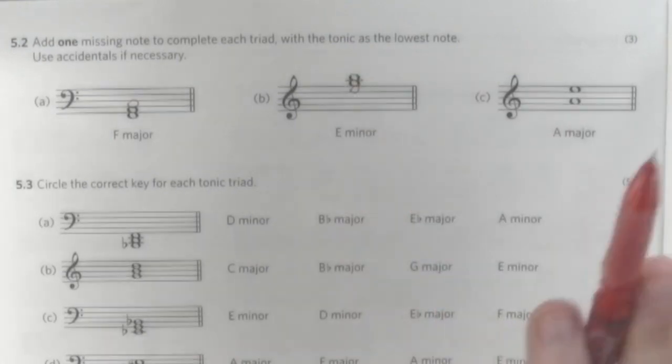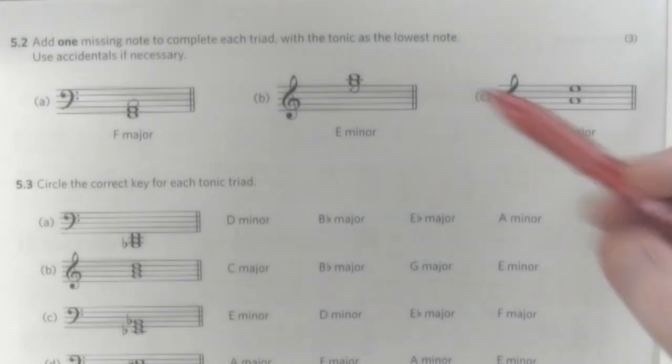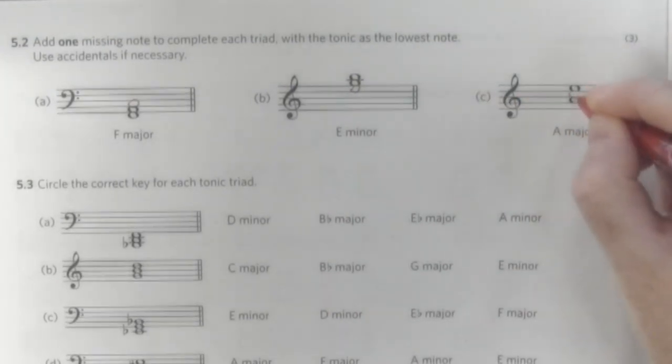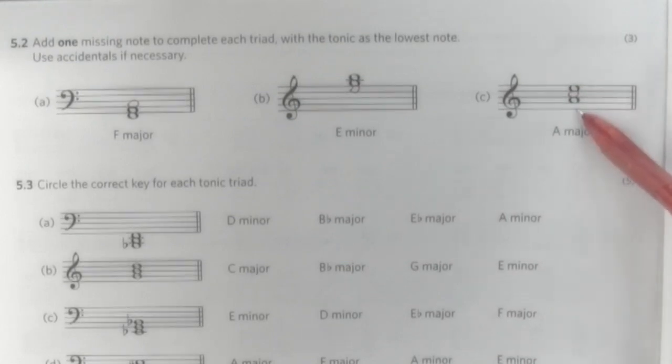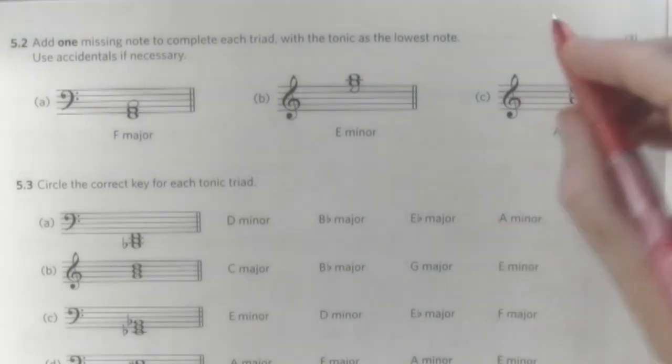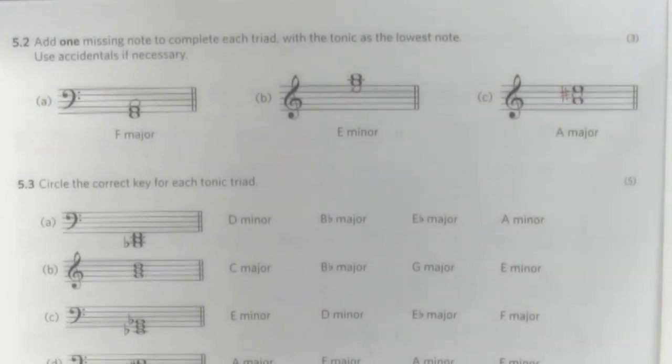F is not in the chord, so. A major, we have La here. We need to add one note, and that's it. Now, is this A major, or we need a sharp or flat? This is A minor. To make it major, we need to add the sharp on Do.